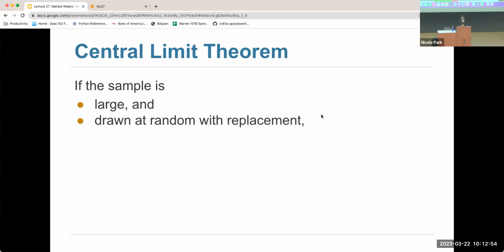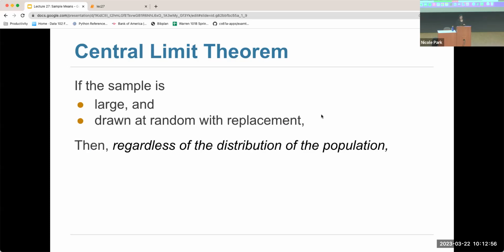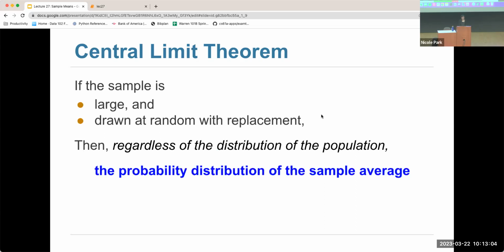Going into more about the central limit theorem, what it says is that if the sample is large and in addition is drawn at random with replacement, then regardless of what the population looked like, so even if the population looks super skewed or looks nothing like a bell-shaped curve, the probability distribution of the sample averages will look approximately normal.